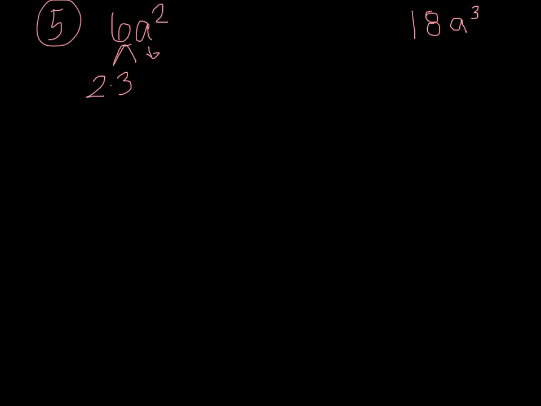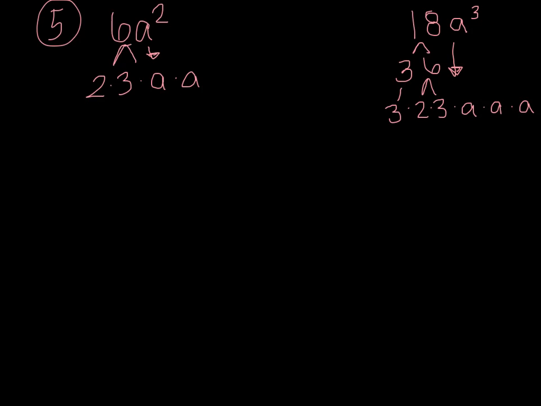Then if I bring down my a, I'm going to get times a times a. Okay, and for 18, let's do 3 times 6. So I'm going to have 3 and my 2 and my 3. Then I need to bring down my a cubed, times 1, 2, 3 a's.